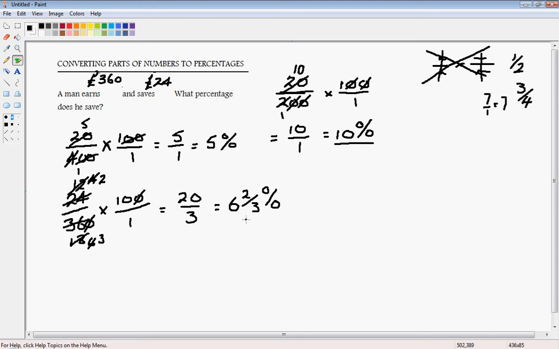Now you could, if you wanted to, turn this into a decimal, but examiners are quite happy with that left as a fraction. Okay, if you convert this, you'll actually get 6.666666 recurring percent. So you don't do yourselves any favours by converting this particular fraction. So I hope this helps.